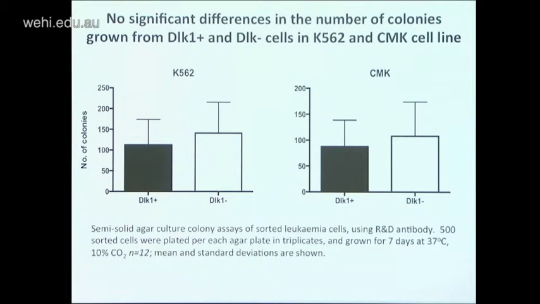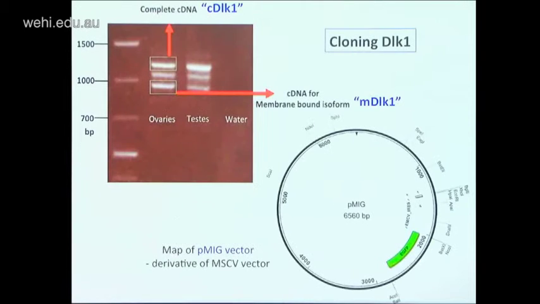So the next thing I've done is to see whether I can overexpress Dlk1 in vivo in a mouse, and whether that causes an increase in leukemia or poor survival. First of all, we have to clone Dlk1, and I've done that by getting the cDNA from ovaries and testes, which are organs that still express Dlk1 at high level in an adult.